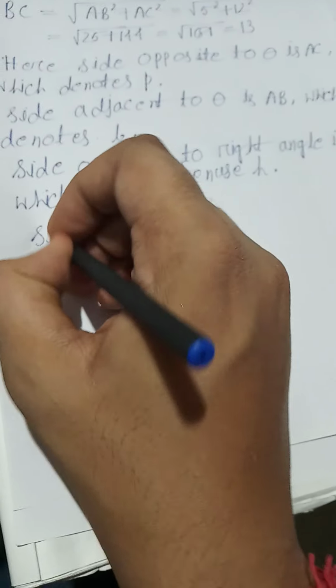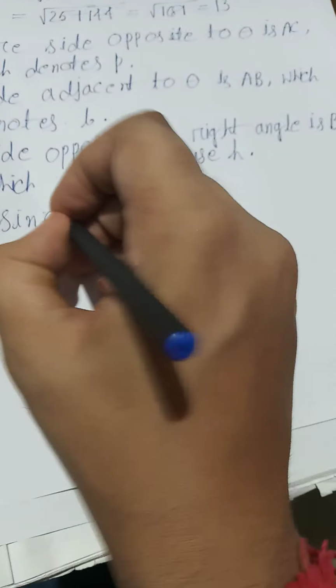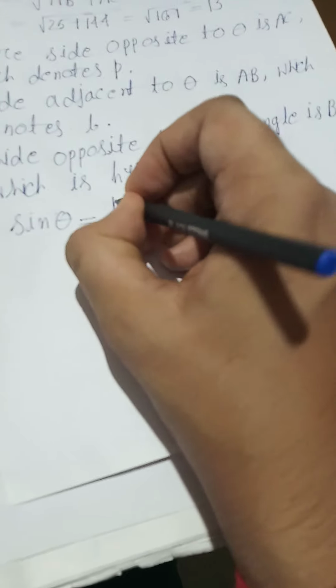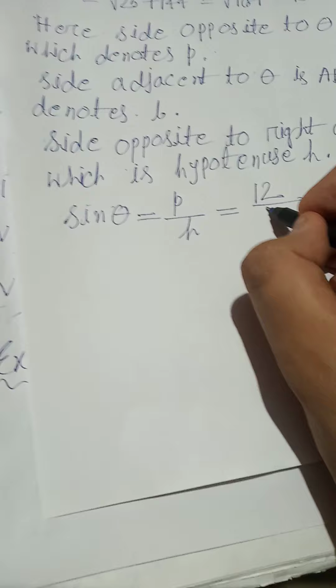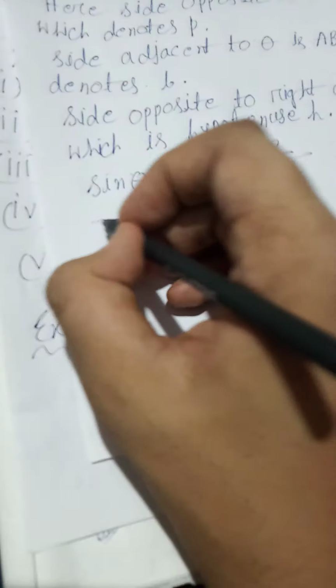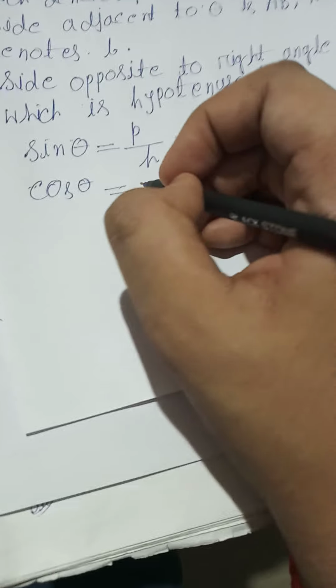So now sin theta. Sin theta means perpendicular by hypotenuse. What is it? Small p by small h. What is small p? Small p is 12 and small h is 13. 12 by 13 is sin theta. Cos theta. Cos theta means base by hypotenuse. Base small b by small h, which means 5 by 13.